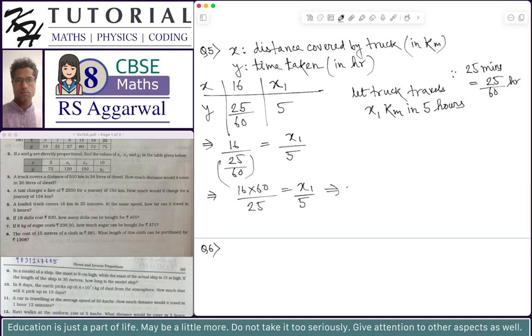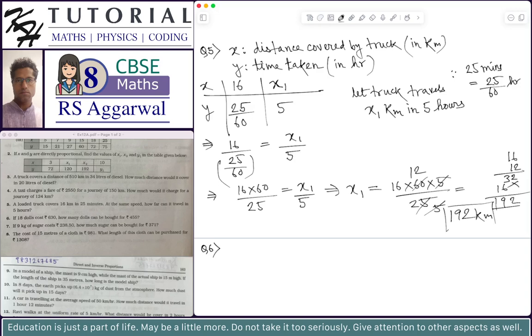Now we can solve for x1 using cross multiplication: x1 will be equal to 16 multiplied by 60 multiplied by 5 divided by 25. Cancelling, this is 16 multiplied by 12, which is 192. So this is 192 kilometers.